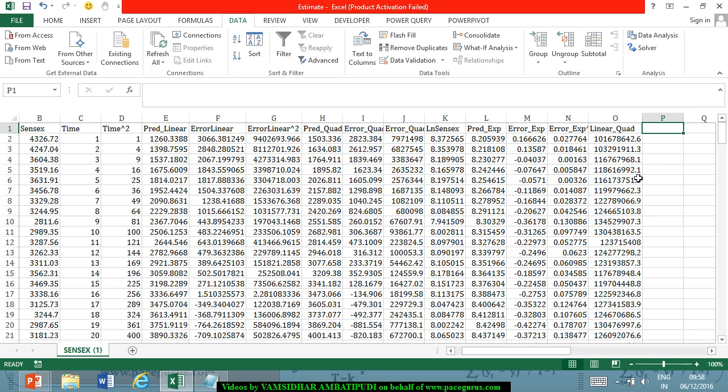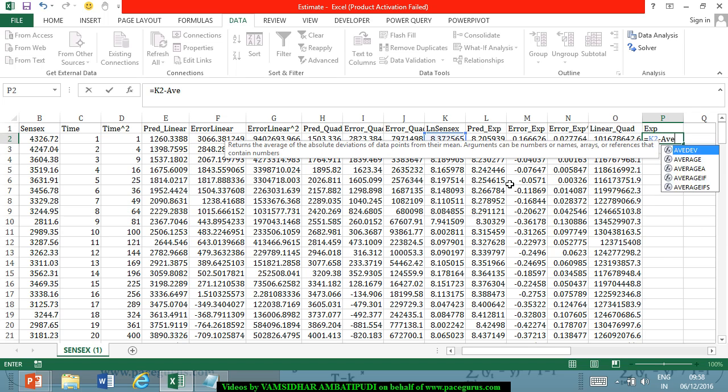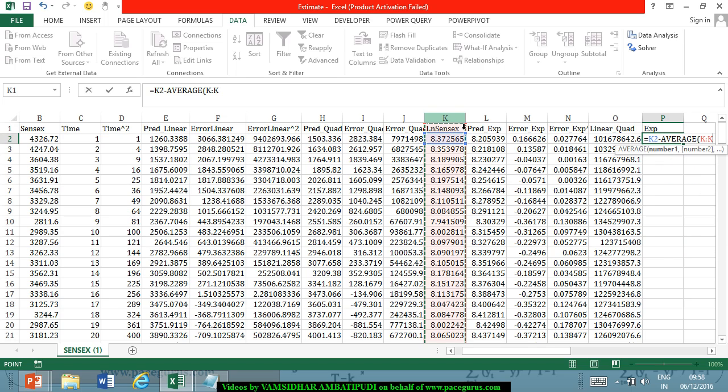But for exponential, it would be different because we have worked it on log. So in case of exponential, I can very well take it as the observation minus the mean of these observations. I'm taking the square of it because I want to compute the r squared.